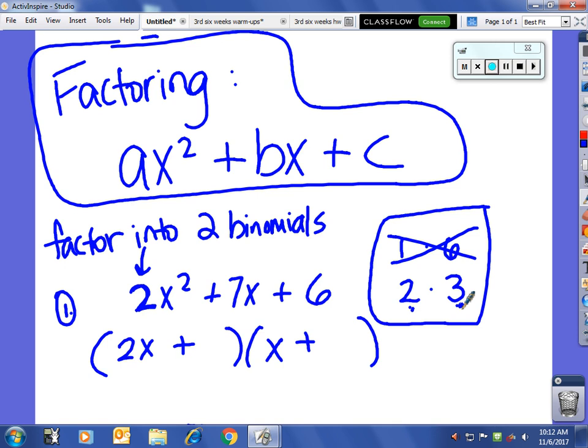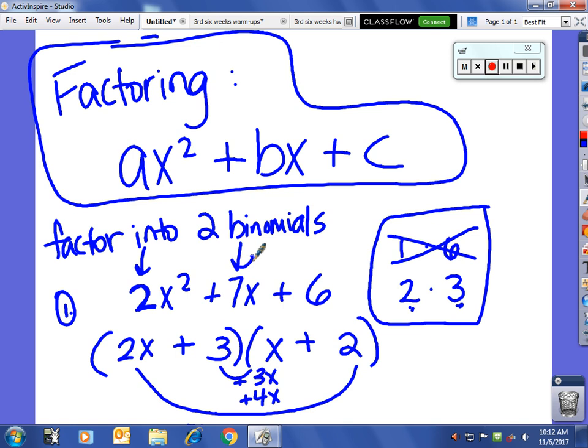So sometimes you can kind of be thinking in your head as you're doing the guessing and checking. It is going to be 2 and 3, and the 2 has to go here, the 3 has to go here. And this is why. My insides would now be 3x, my outsides would now be 4x, and that adds up to the 7x that we needed in the middle.